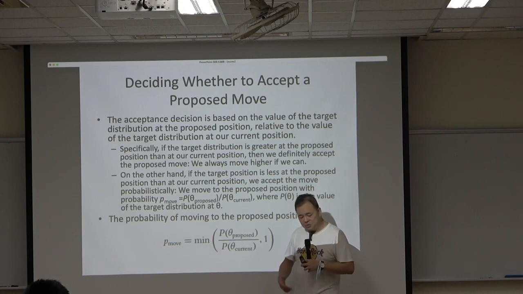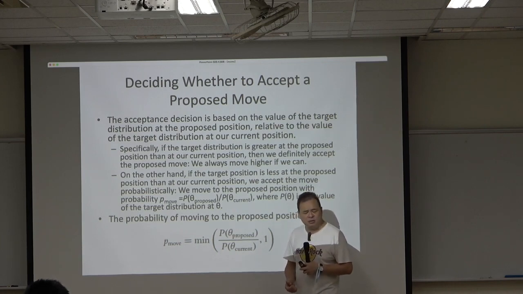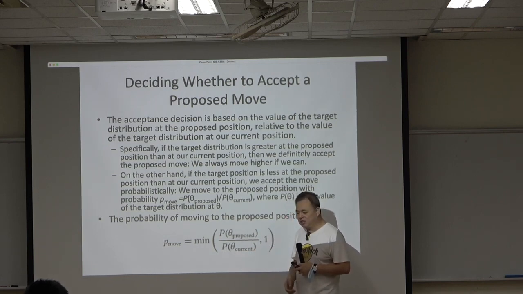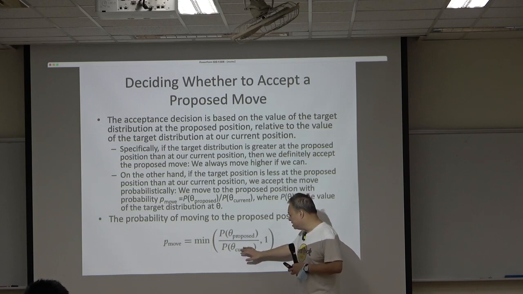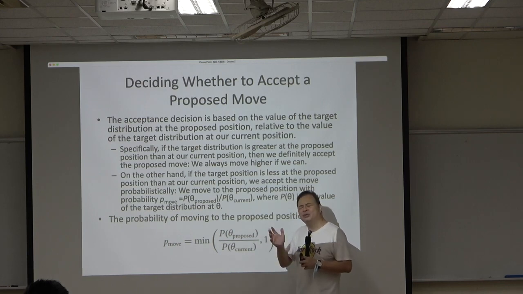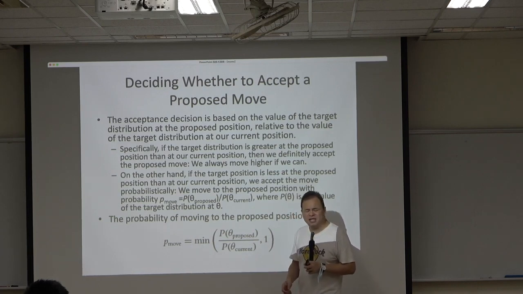If you found that this place doesn't lead you anywhere, most likely you have this initialization issue. You can change the initial location. That's pretty easy, and once you get a good start, you don't need to worry about going to some place where P theta is 0.